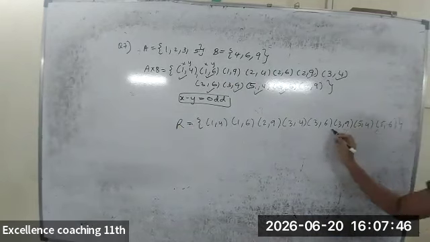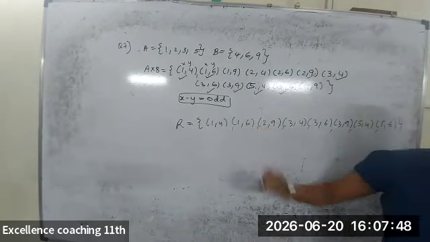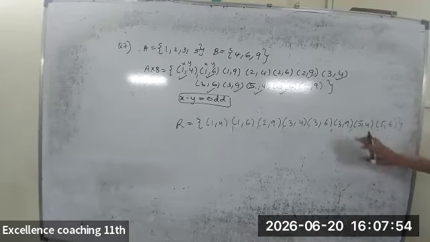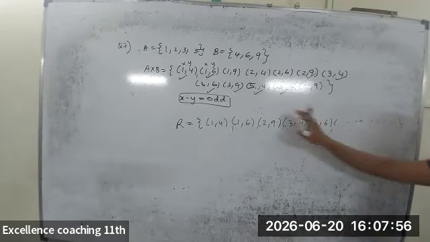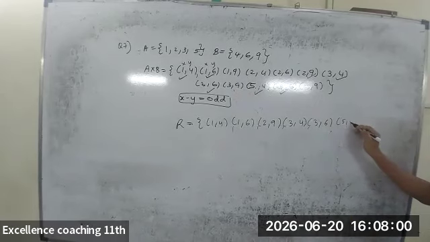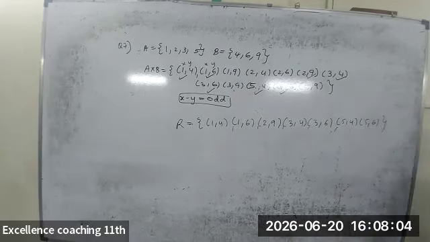Once you get the relation, you know how to write the domain, range, codomain. Sorry, odd and odd. So pick only those pairs where one is even, one is odd, because even minus even will be even and odd minus odd also will be even.